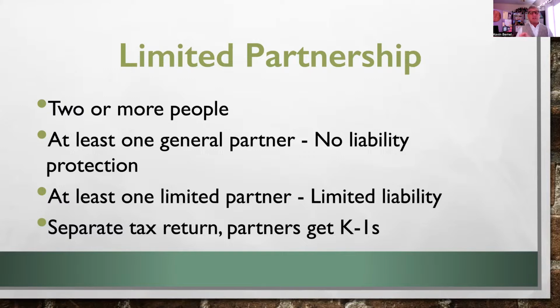One of the things about a limited partnership is, I don't know if this is true for every single state, but I know it's true here in California, there has to be a written limited partnership agreement. That's so that the limited partners know what their rights and responsibilities are, and they know what they're getting themselves into.